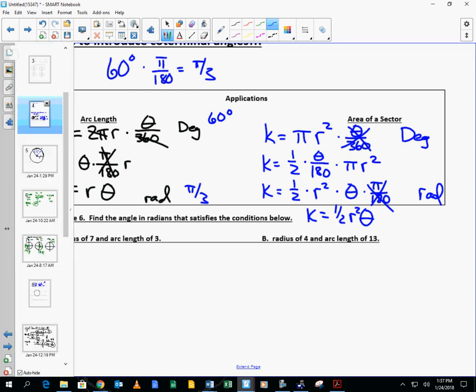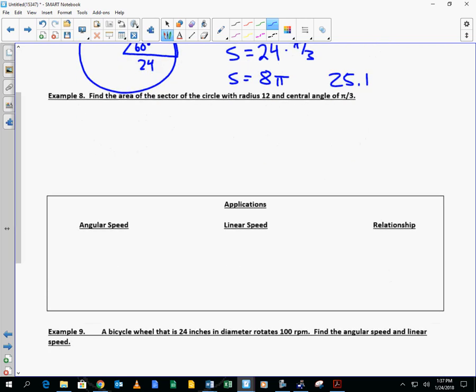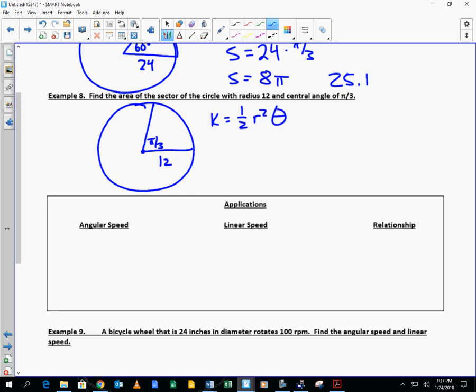We flip it over to the back side. It says find the area of a sector of the circle with radius 12 and a central angle of pi over 3. So I've got a radius of 12 and a central angle of pi over 3. What is my formula for the area of a sector? 1/2 r squared theta. What is r squared? 144.